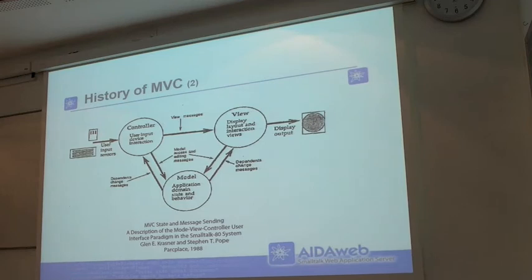Controller is for user input and device interaction, and it triggers view refresh, as you see here, and you have here of course the view, which is display output on different user interfaces. And here is the model, which is the application domain, state, and behavior, as you see.